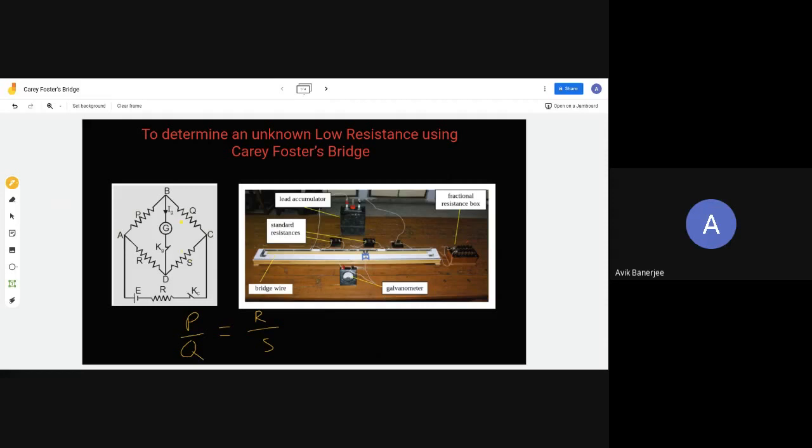Should we be able to write that P by Q is equal to R by S? গ্যালভানোমিটার দিয়ে কোনো কারেন্ট যাবে না, আমাকে ওই দুটোর মধ্যে পোটেনশিয়াল ডিফারেন্সটা মানে VB ইকুয়াল টু VD হতে হবে। রাইট, তোমাদের যখন জিজ্ঞেস করা হবে তুমি যদি এটা বলো P by Q equals R by S, it is incomplete. It does not make any sense unless you say that P by Q is equal to R by S when the bridge is in balanced condition.